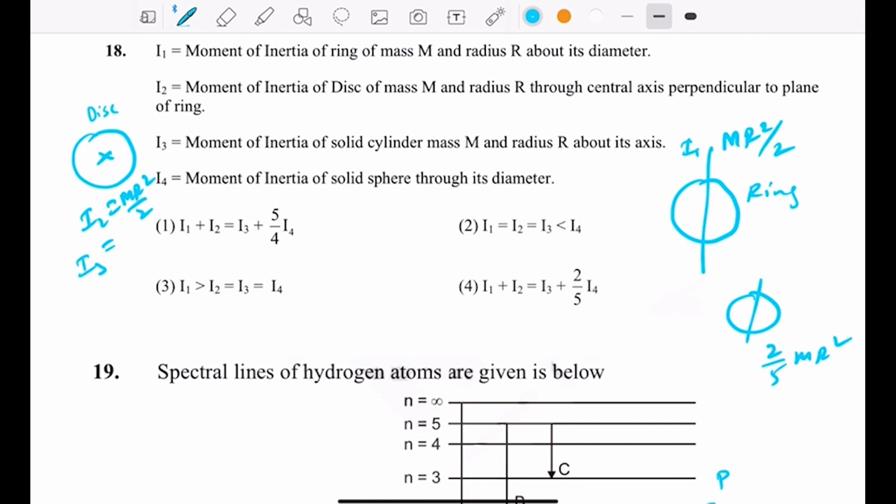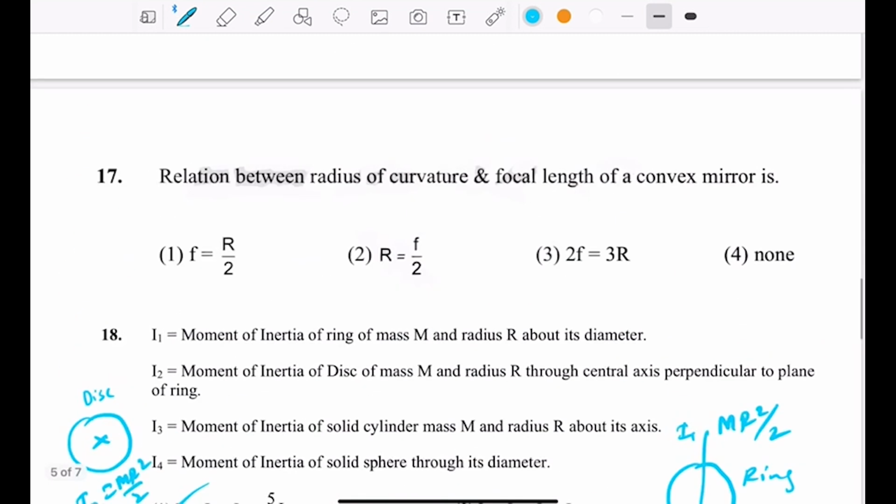So here I1 plus I2 will be mr square, is equal to mr square. I3 is mr square by 2 plus 2 by 5 mr square. Wrong, no, this is wrong. Next, I1 is greater than I2. This is also wrong. Obviously, it should be first option. So I1 plus I2 should be 5 by 4 times. Yes, this is right. First option.